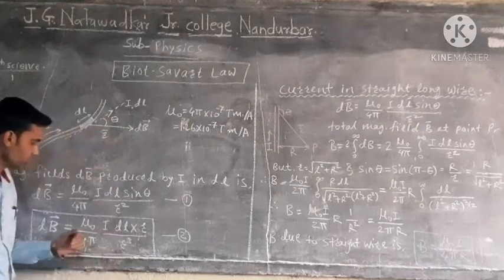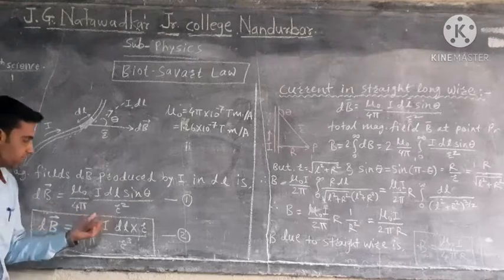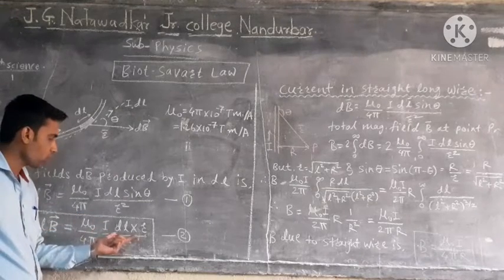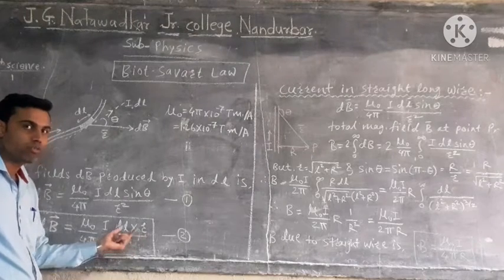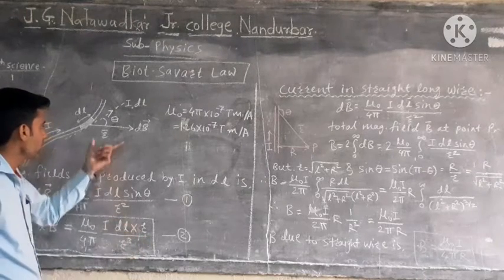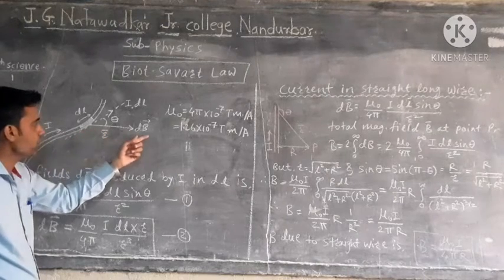Now in the second equation, the value of dB is expressed using the cross product of length element dl with r. r is the distance from the wire, or it shows the direction of the magnetic field.